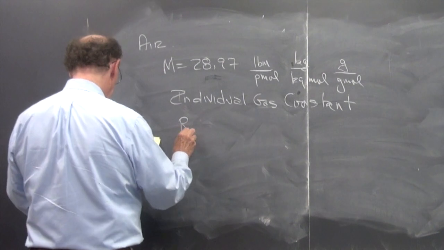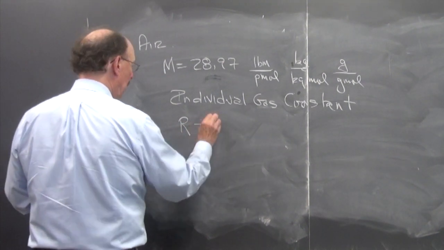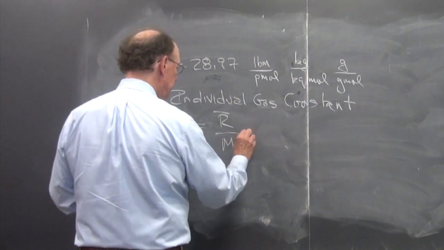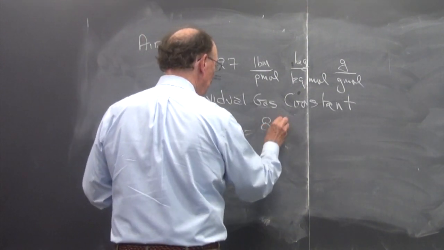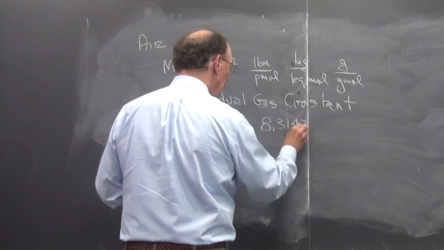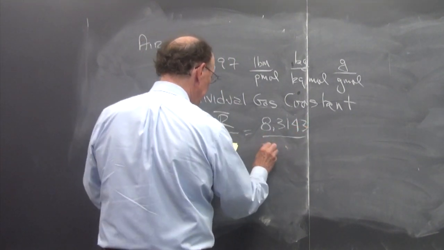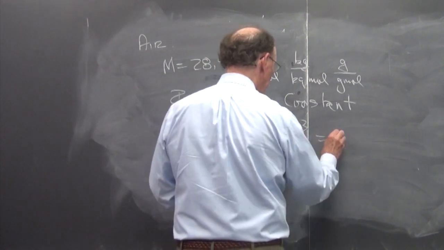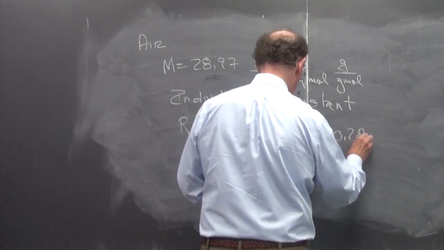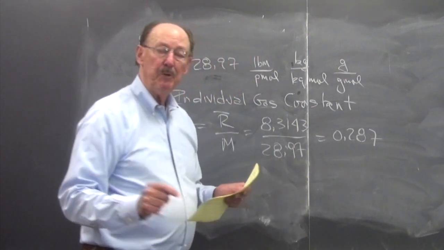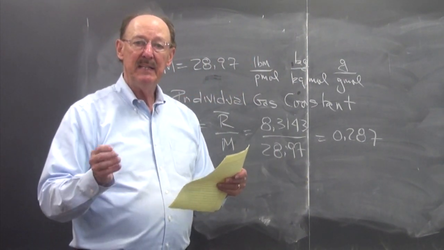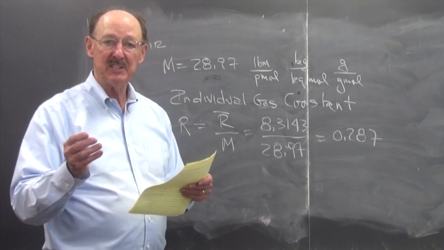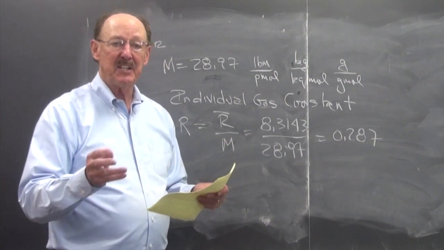So R is equal to R bar over M. And so this is 8.3143, in our case, divided by 28.97. And we see that it's 0.287. If you look at the last column in table A1, you'll see that it lists the value for the individual gas constants in SI units.